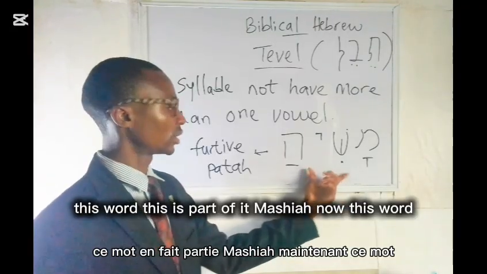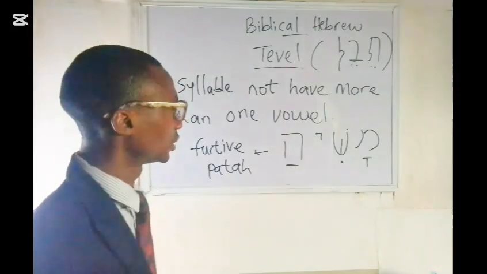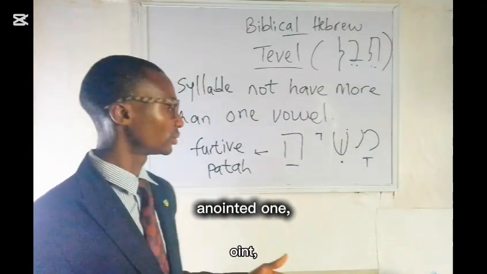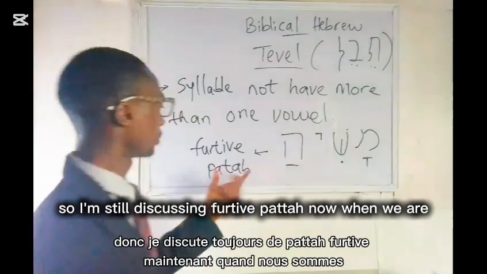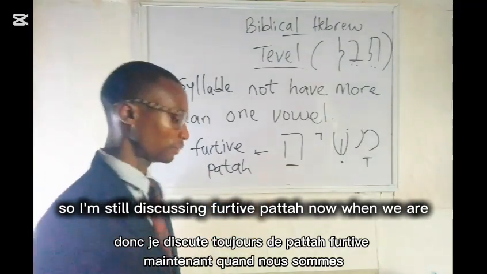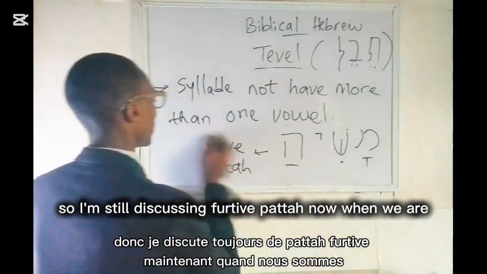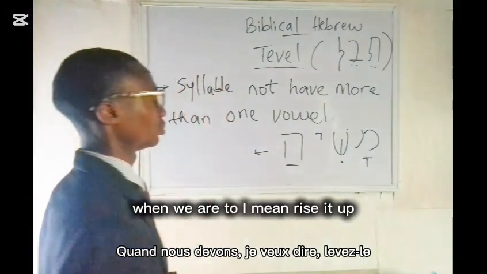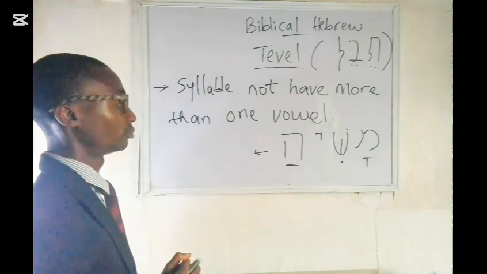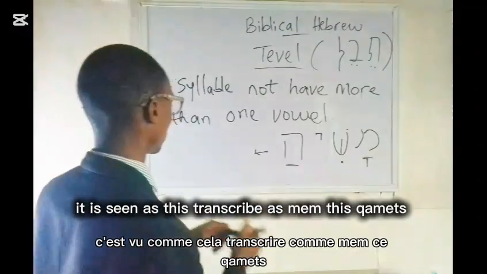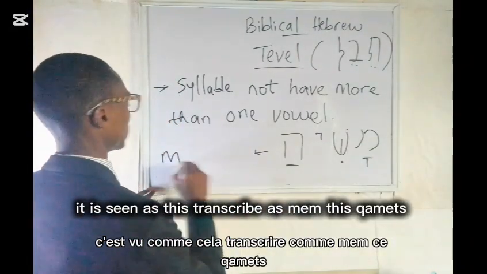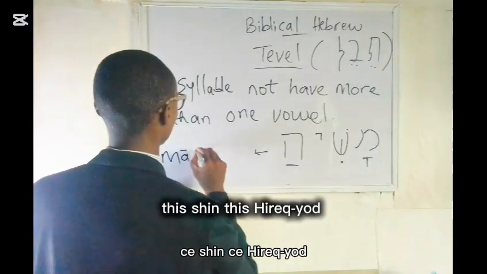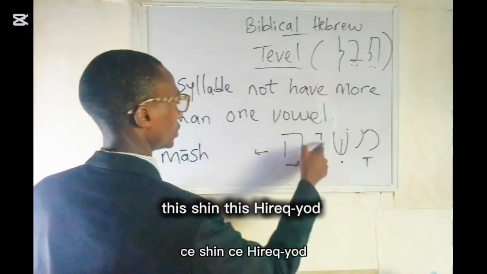Now, this word means anointed one. The anointed one. Alright, so I'm still discussing the 40th pattern. Now, when we have a word like Mashia, when we have to write it up, let's transcribe it as mem, this kamets, this shin, this erect yud.